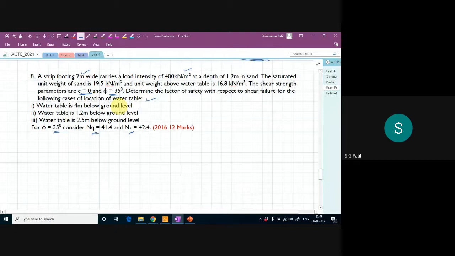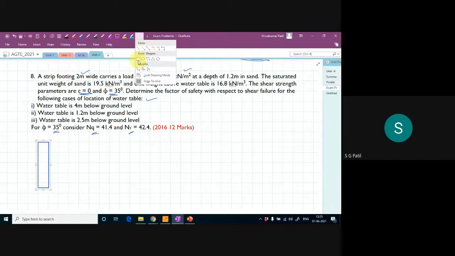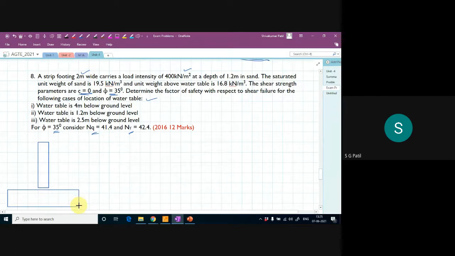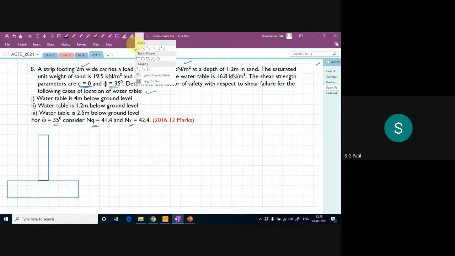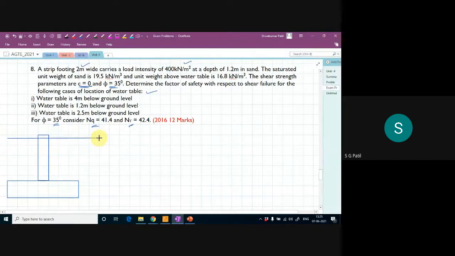Okay, so first let me draw the figure. It's a square footing, again 2 meter by 2 meter, carrying a load intensity.